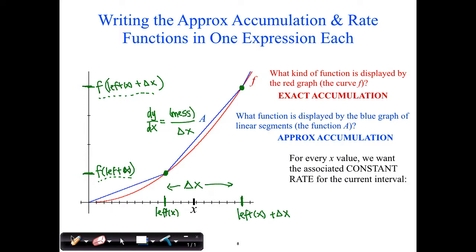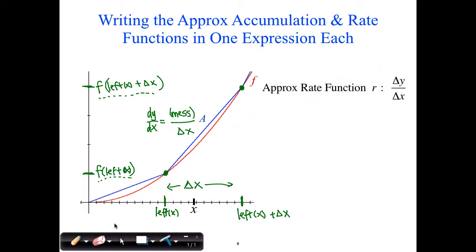So let me clear off some of this so I have some space to write. There we go. But this approximate rate function r should be this ratio here, which the mess in the numerator is just final y value at the end of the interval, minus the y value at the start of the interval.